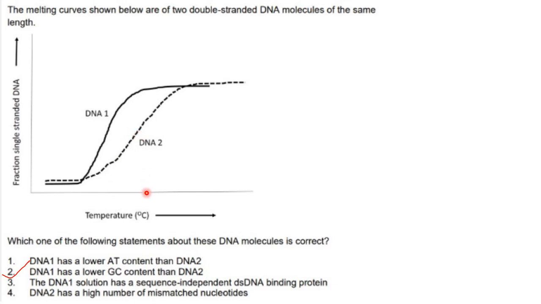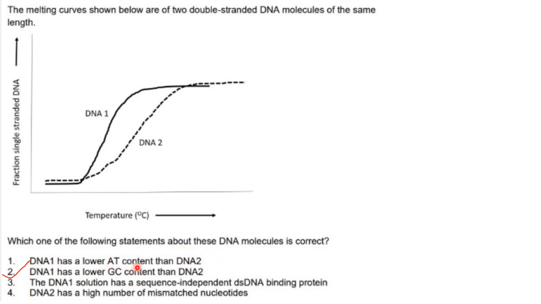So DNA 1 has a low melting temperature, and has low GC content and high AT content. Whereas DNA 2 has a high melting temperature. So Tm is more for DNA 2 and it has high GC content. Which of the following statements about these DNA molecules is correct?